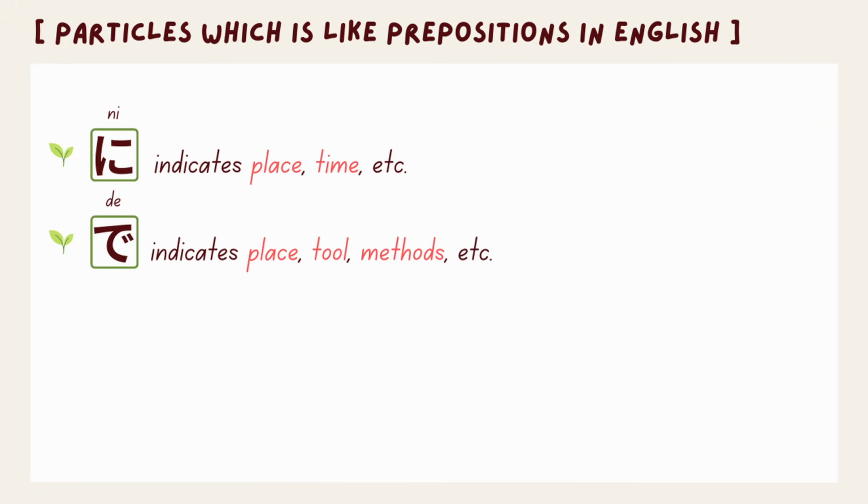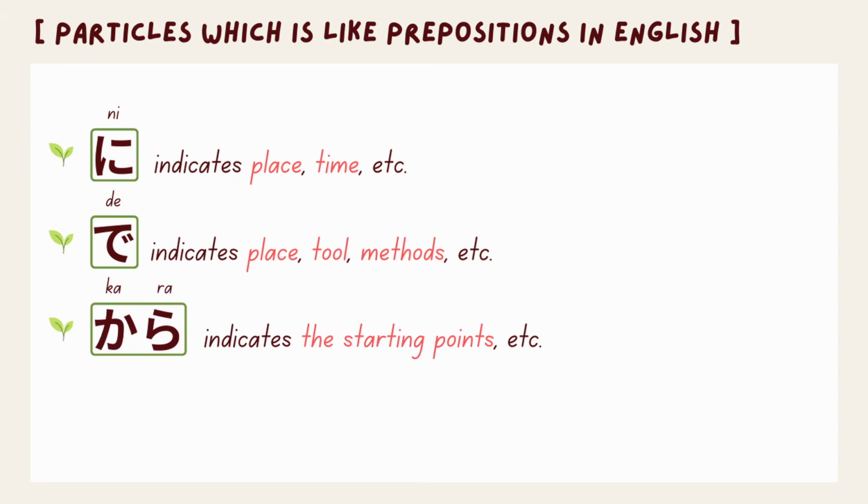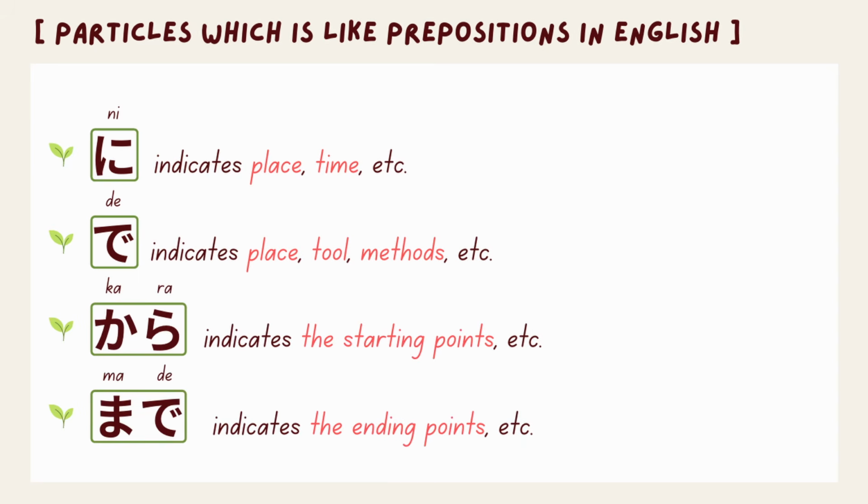The subject at the beginning of the sentence is preferable though. Or we have particles that are equivalent of English prepositions such as に、で、から、まで, etc. Each particle has a lot of uses, so I'm not going to explain it here. One thing at a time.